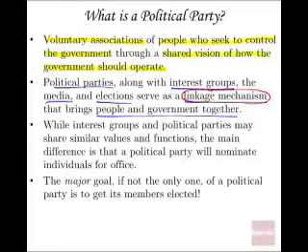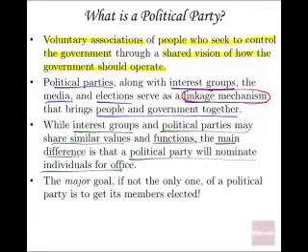Okay, so while interest groups and political parties may share similar values and functions, the main difference is that a political party will nominate individuals for office. So again, an interest group may share some interests with the Democrat Party, but ultimately the political party is in there to win elections and basically take control of the government.